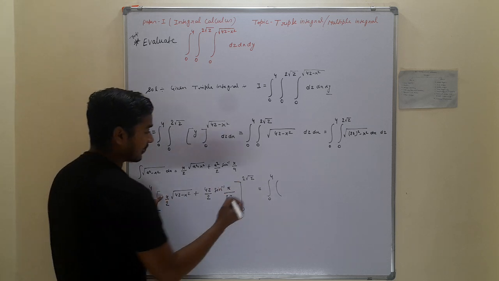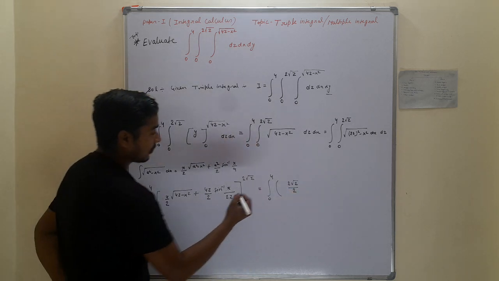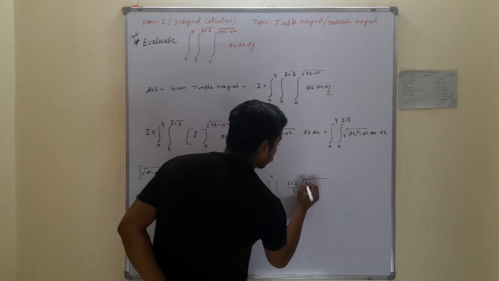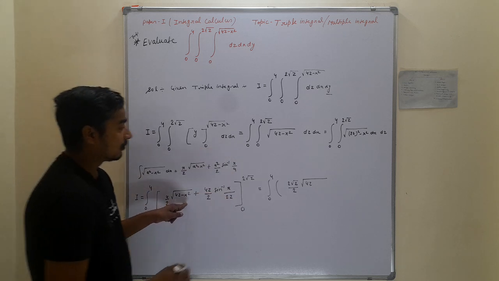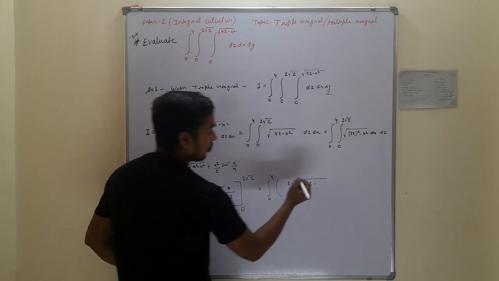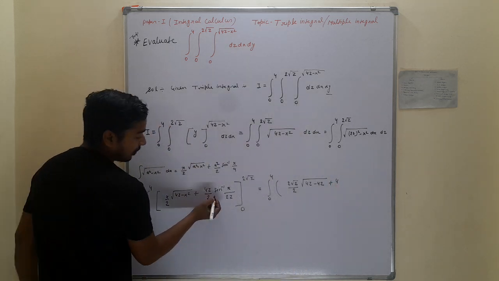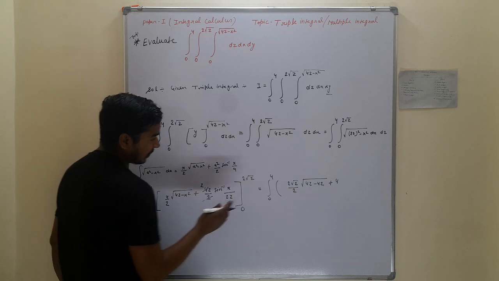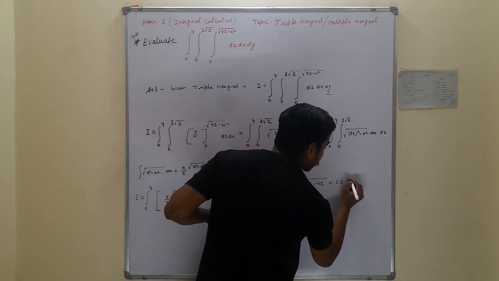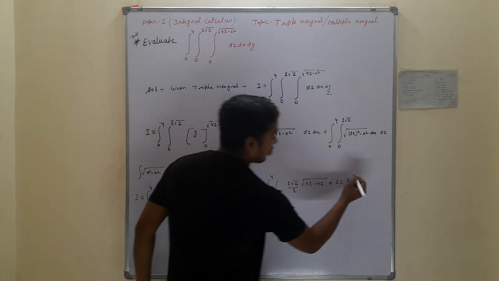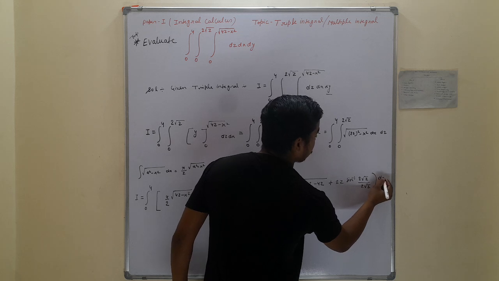We get 2 root z by 2 under root of 4z minus, on squaring 2 root z, 4z, plus 4z by 2, which gives 2z, and sine inverse of 2 root z upon 2 root z, and the remaining is dz.